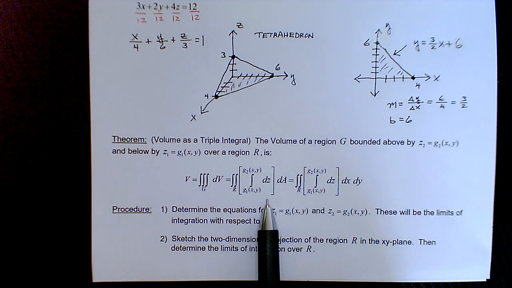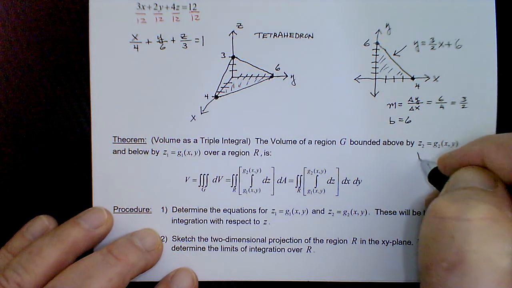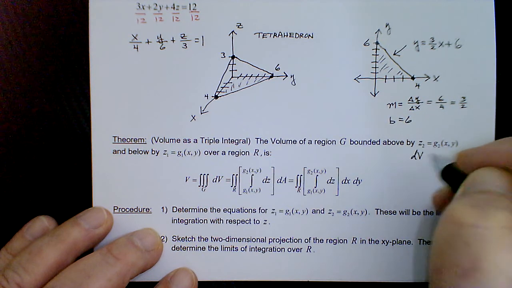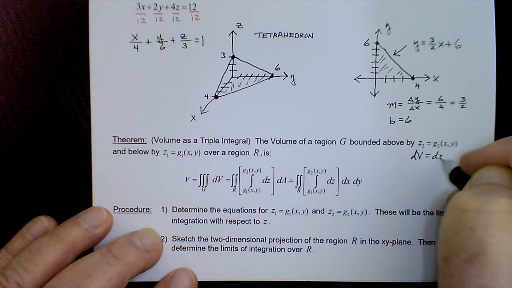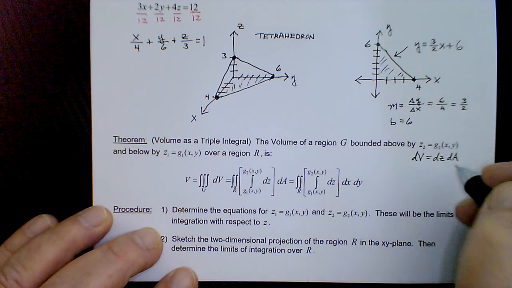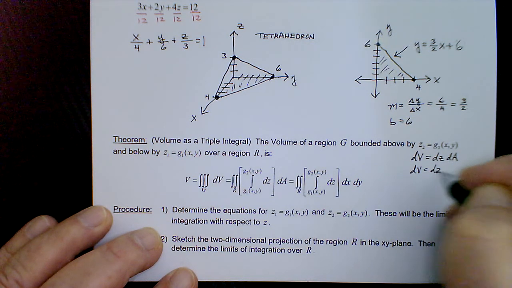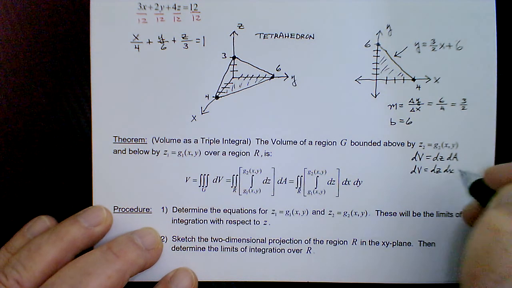So the important thing to realize here is that the volume really is dz times the area. The differential volume is really dz times the area, because it's dz dx dy, or dz dy dx.